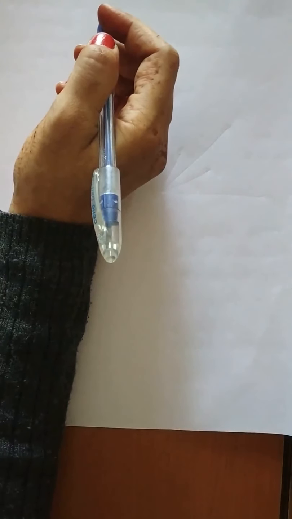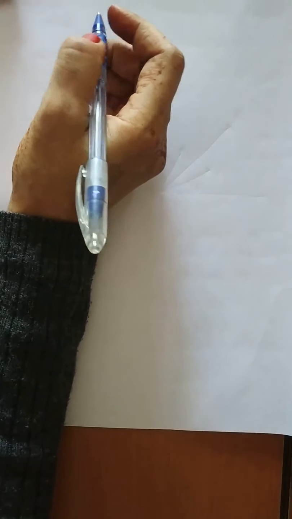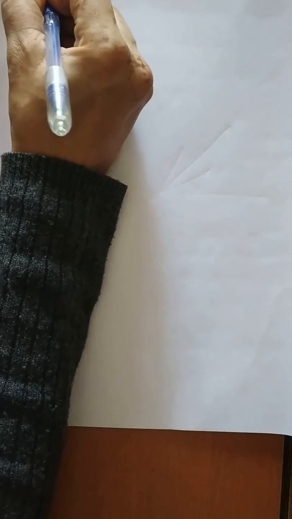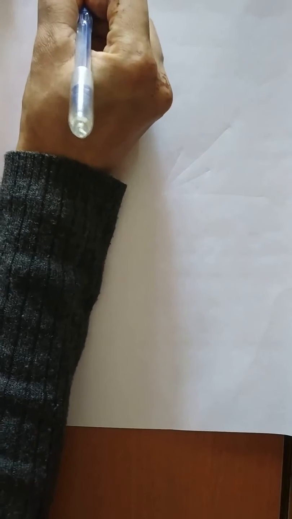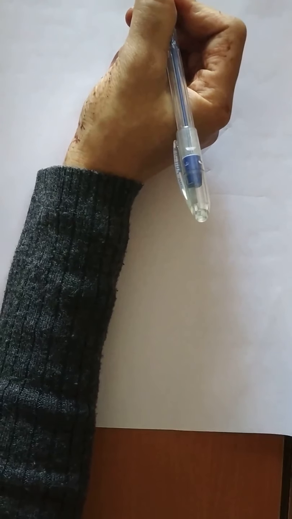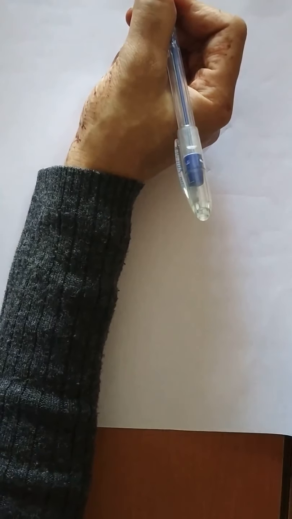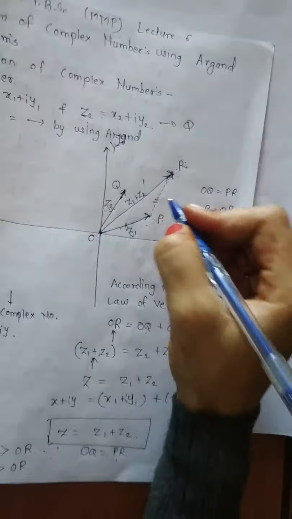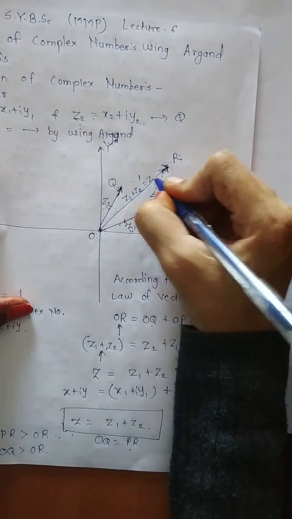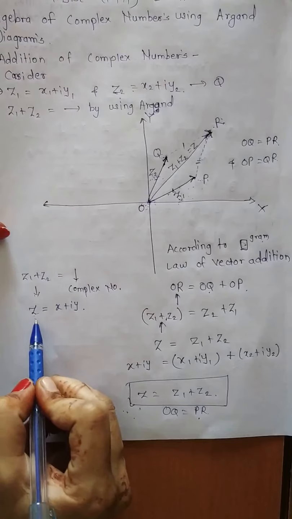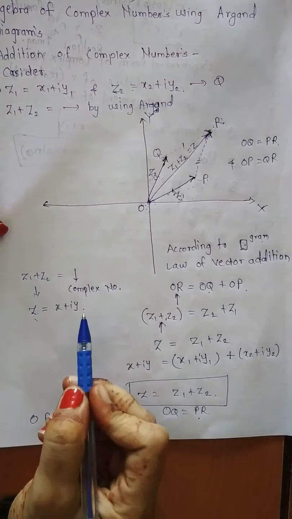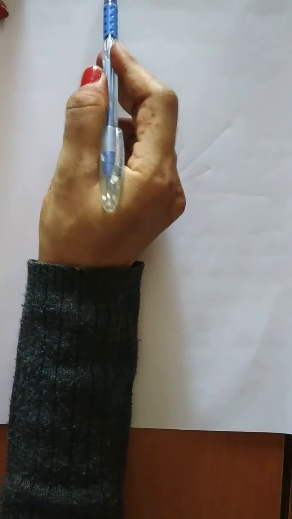Now just now I have derived this inequality, that is OP plus OQ is greater than OR. From this, if I substitute, Z1 plus Z2 is nothing but our Z that we have already discussed. So now here I can put the values of OP, OQ and OR.